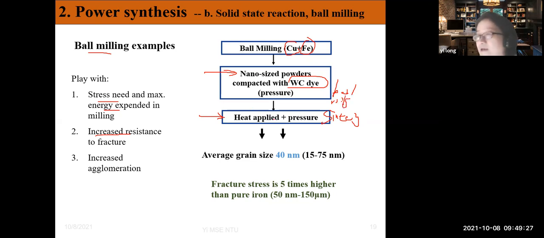Okay, ball milling. In the end, by doing this ball milling, you can reduce the particle size to 40 nanometer. The average grain particle size is going to be only 40 nanometer, in the range of 15 to 75 nanometers.